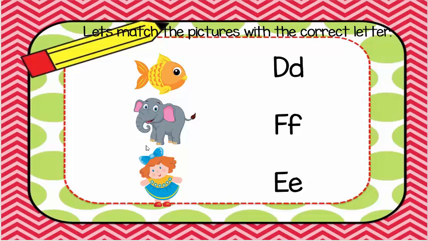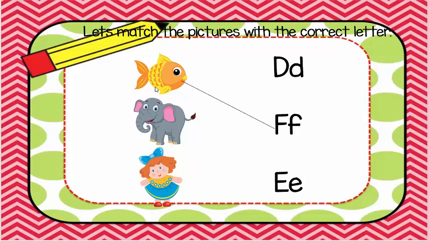Let's match the pictures with the correct letters. Here we have a fish, elephant and doll. We are going to match these pictures with their corresponding letters. What letter does fish begin with? F. Can you see the letter F? Yes, there it is. So let's match the fish with the letter.